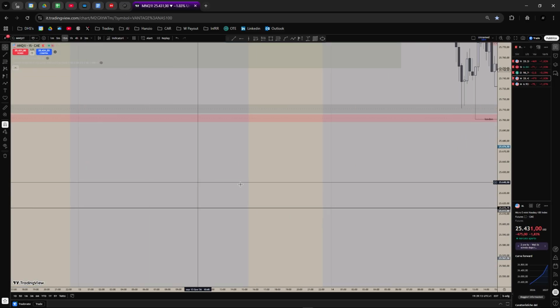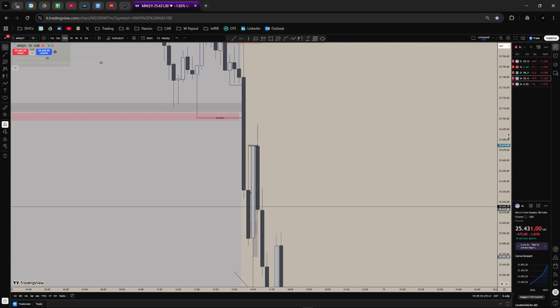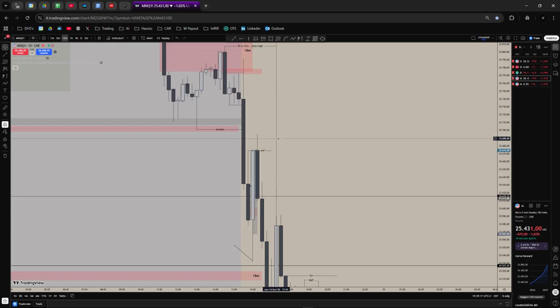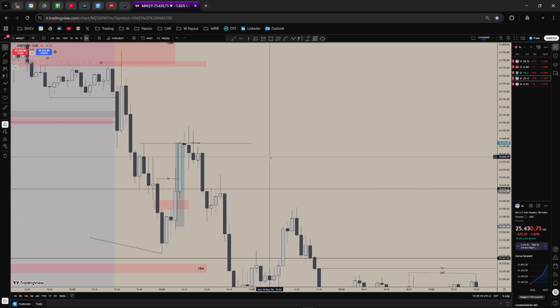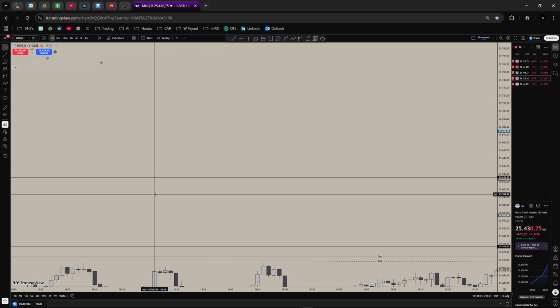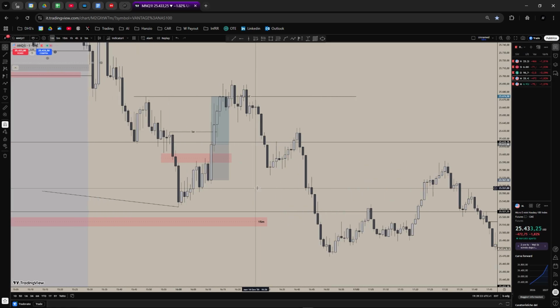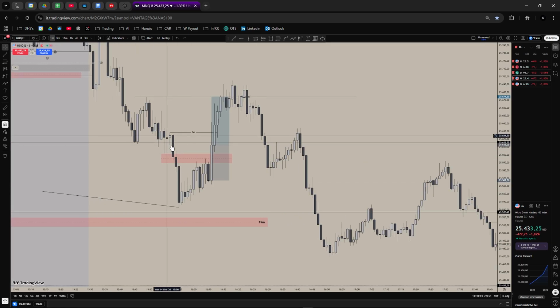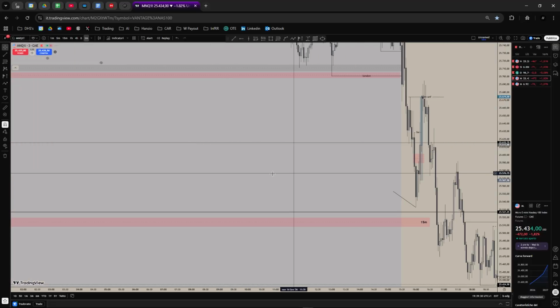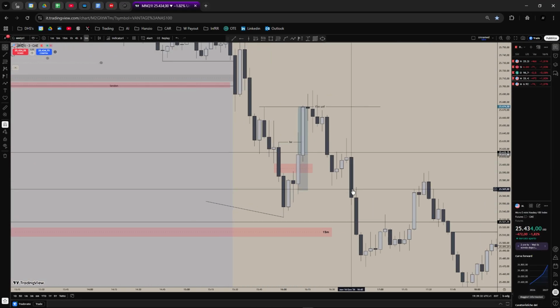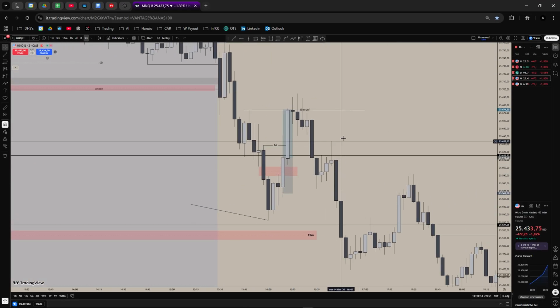I looked for a 15 minute gap, which was here. I scaled down, saw this 3 minute, and pretty much this was only 1 3 minutes, so I waited for the 3 minute, and then I would have executed the trade, but I didn't take it.